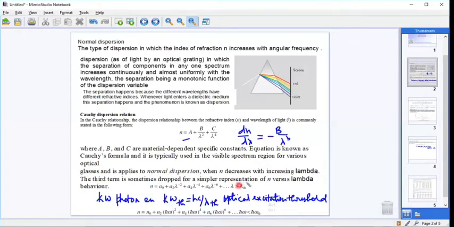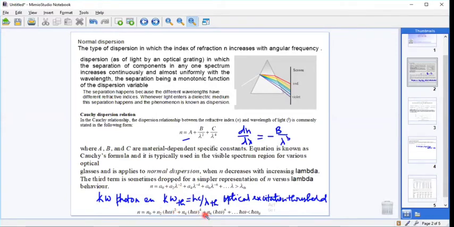Therefore, lambda is greater than the threshold wavelength and omega is less than the threshold frequency. Here h-bar omega is the photon energy and h-bar omega threshold, which is hc by lambda threshold, is the optical excitation threshold, that is the bandgap energy, where a0, a2 and n0, n2 are constants.